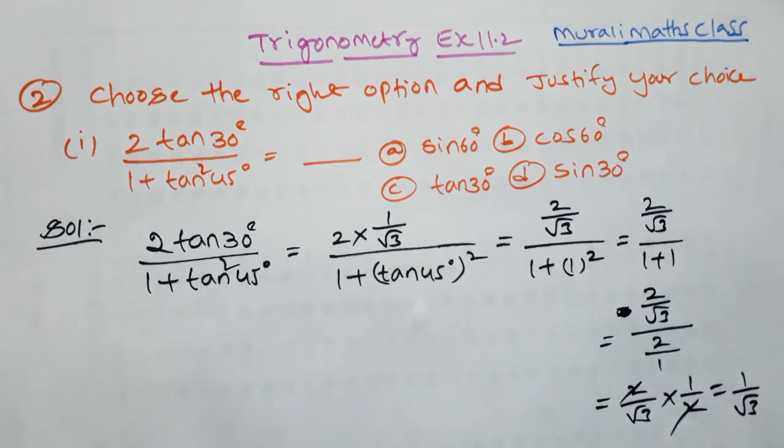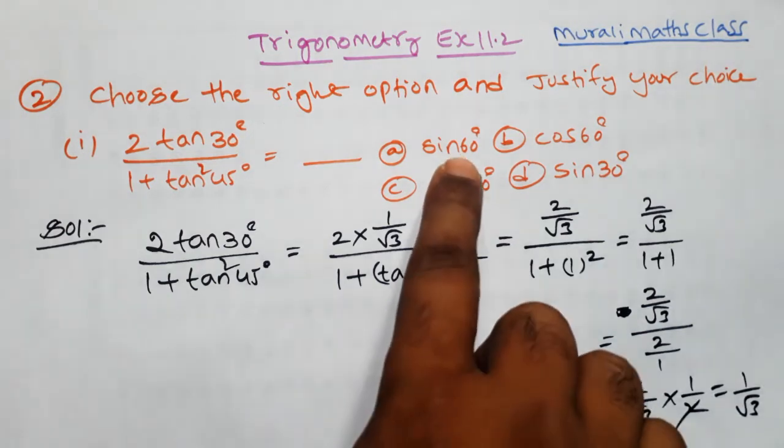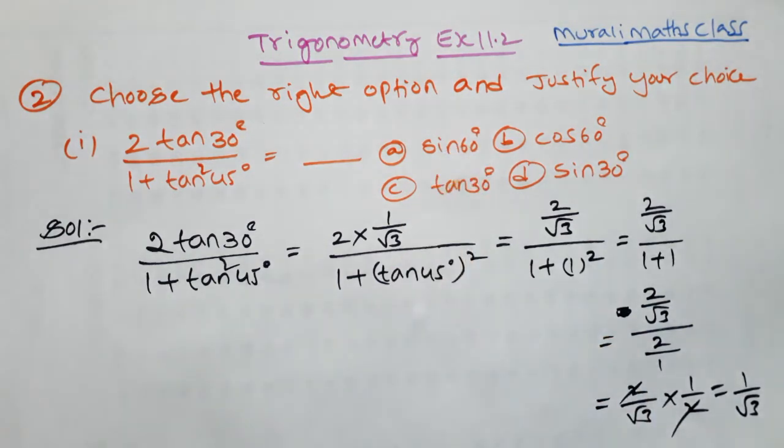Now this 1 by root 3, in the given options, for what we will get, we have to check. Sin 60, what is the answer? Root 3 by 2. Cos 60, 1 by 2. Tan 30, 1 by root 3.